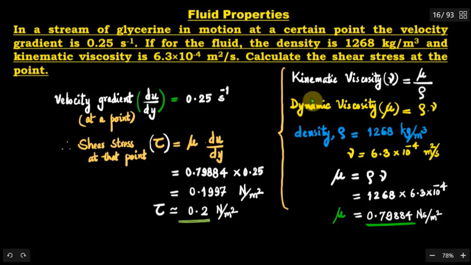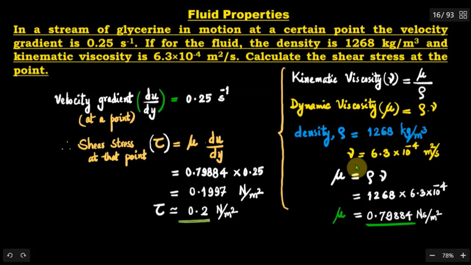We know that kinematic viscosity nu is equal to dynamic viscosity divided by mass density of the fluid. Dynamic viscosity mu therefore is equal to the product of kinematic viscosity and mass density. So mu is equal to rho into nu. Here the density rho is given 1268 kilogram per meter cube.